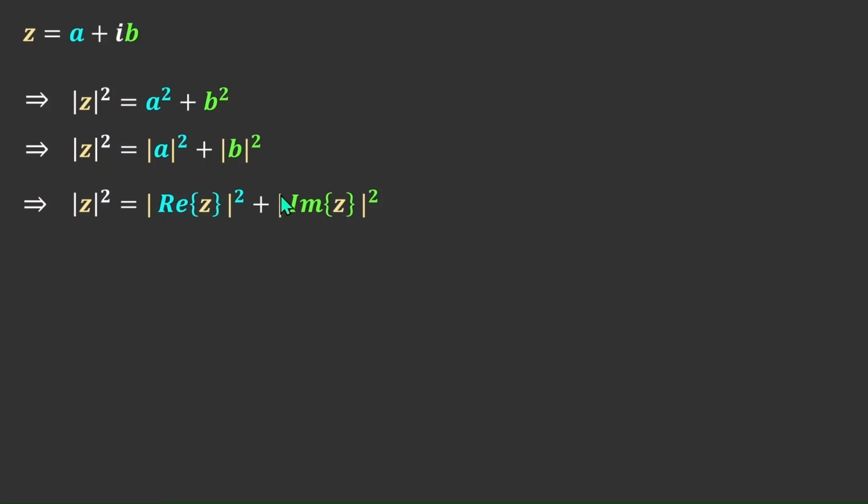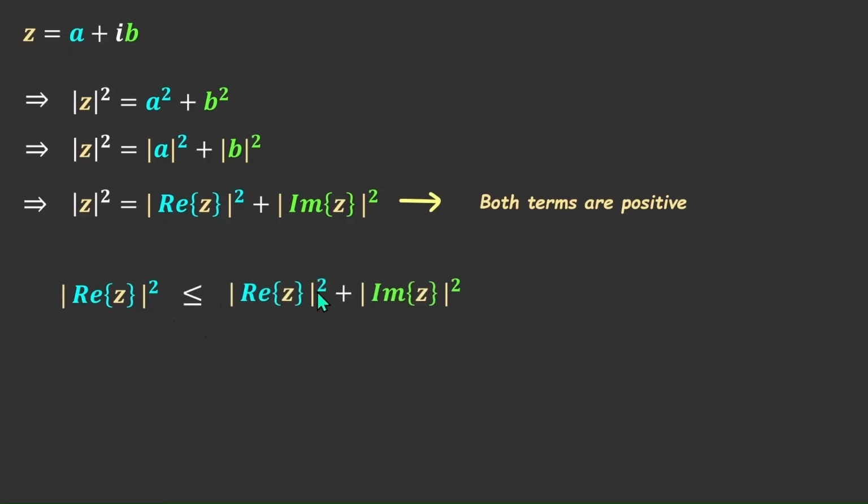Now both of them are positive numbers. Because of that, if I'm just writing mod of real part of Z whole square, this is going to be less than mod of real part of Z whole square plus imaginary part of Z mod whole square, simply because we're adding another positive term to just this term.